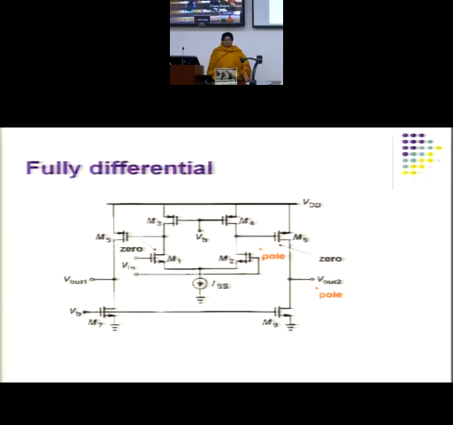It is a fully differential topology because I am using two common source amplifiers, one at each output of the differential pair. But then it is a 2-stage configuration. So total gain will be gain of differential pair multiplied by gain of common source. Clear?